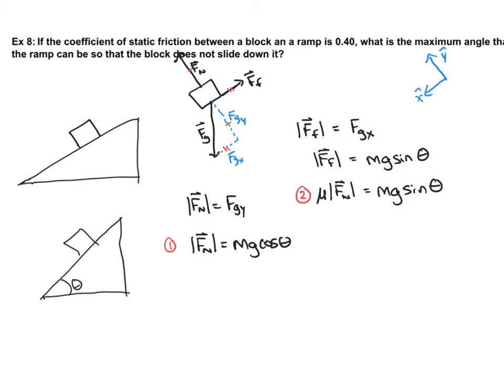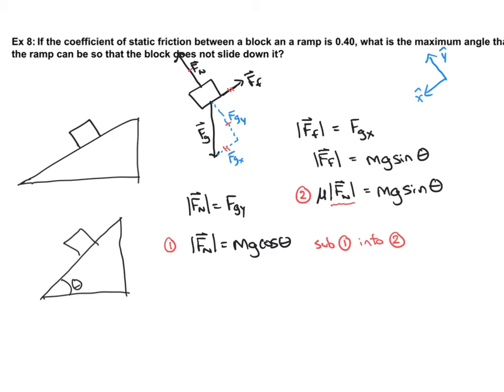And what I'm going to do is substitute equation 1 into equation 2, because equation 1 is isolated for normal force, and I see normal force in equation 2. So I'm going to replace the normal force in equation 2 with the expression from equation 1.